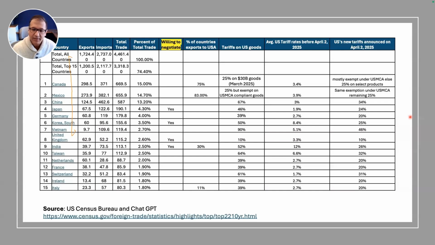Now, that doesn't mean that there won't be short-term pain for US consumers. These kinds of shifts often create pressures, pricing volatility, and uncertainty in the markets. But the long game here is about rebalancing trade relationships and boosting domestic resilience.